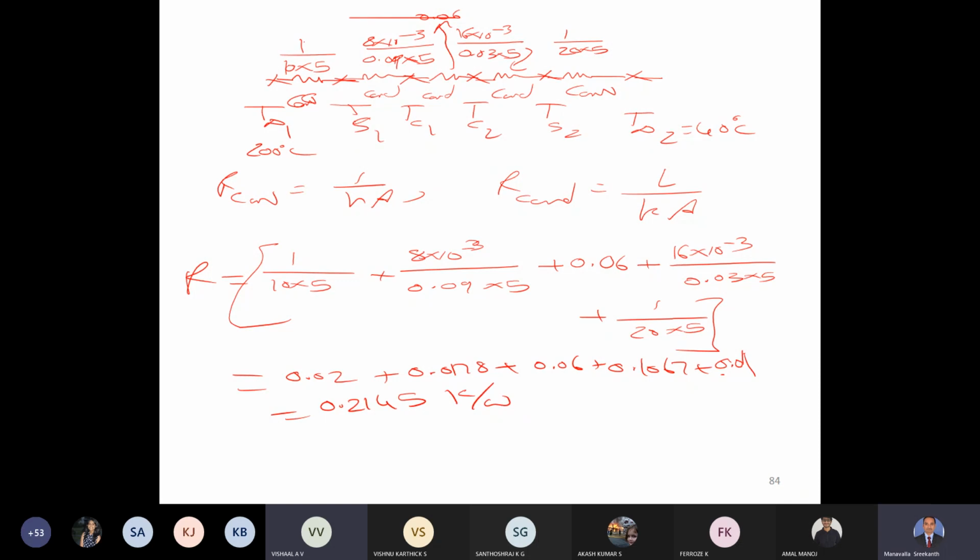So this is the total resistance. Once we know the total resistance, we can calculate the value of Q. The heat transfer is delta T overall divided by the total resistance.